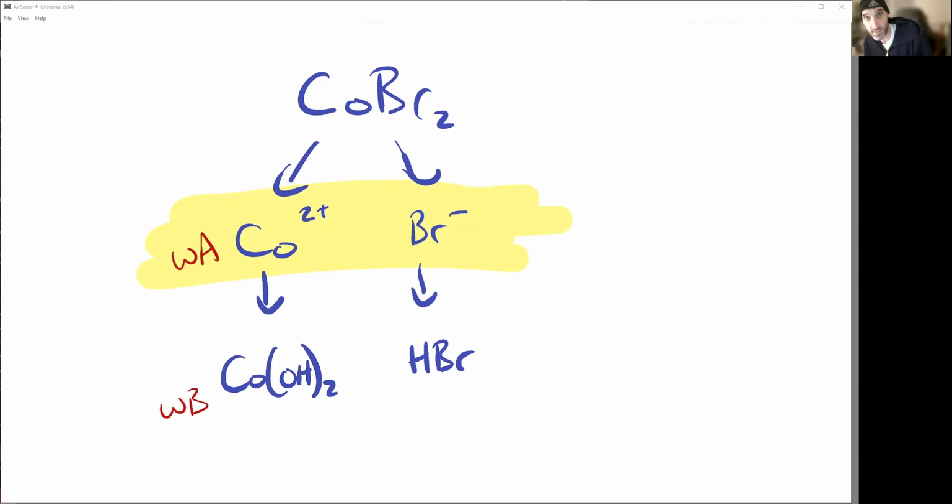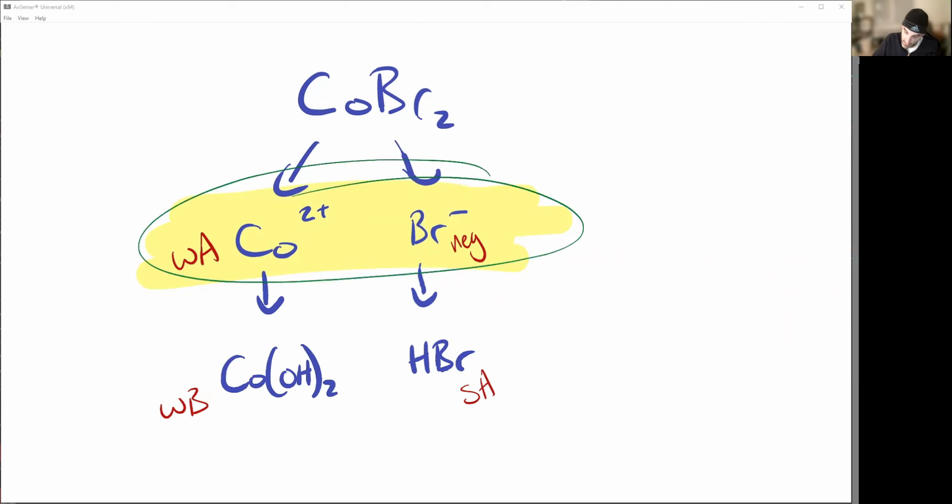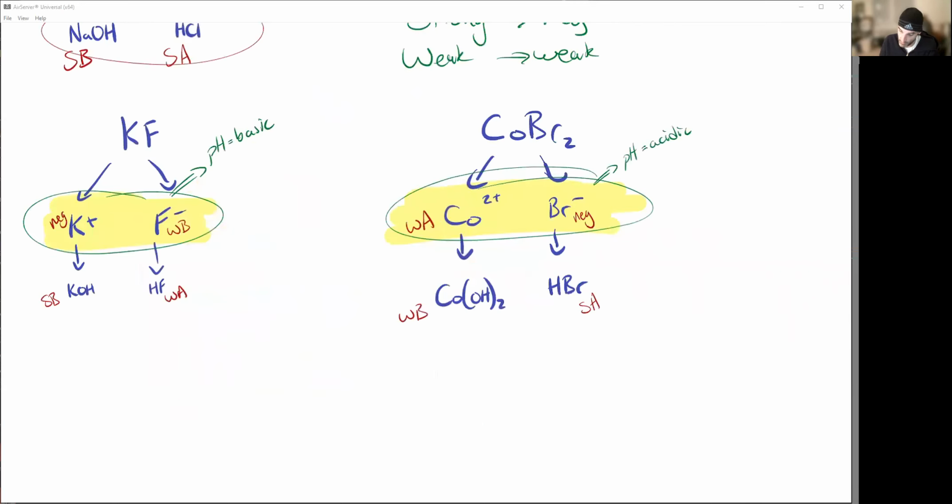All metals that are not group 1 or group 2 are considered weak. Any conjugates of weak bases are going to be weak acids. HBr is part of the strong acid list, and that means Br minus is negligible. Therefore the pH is going to be acidic. Okay, so that's the idea.